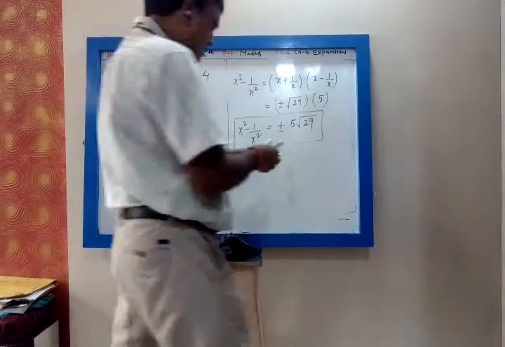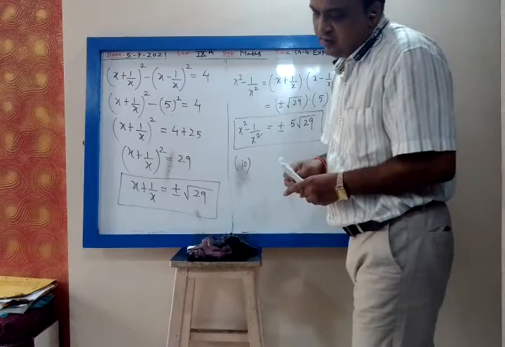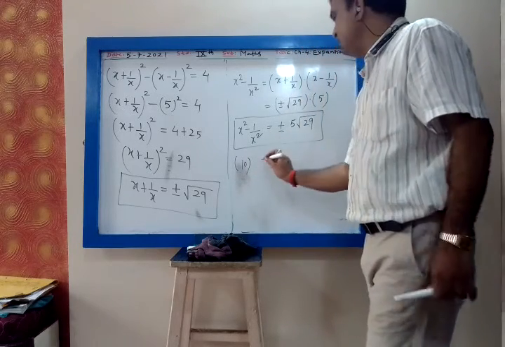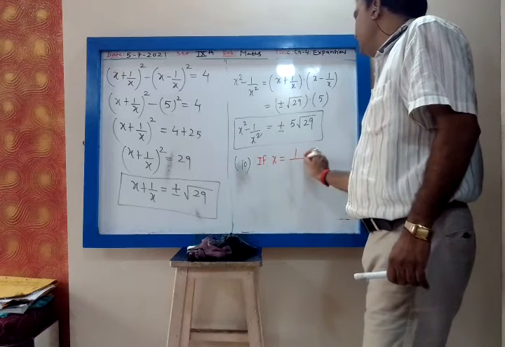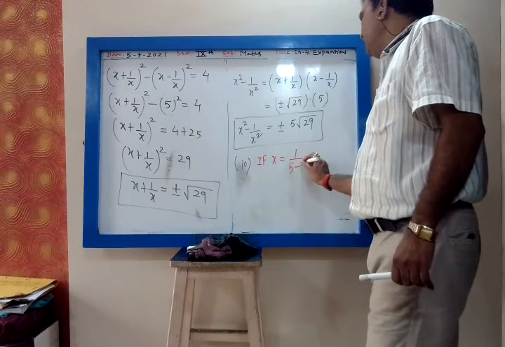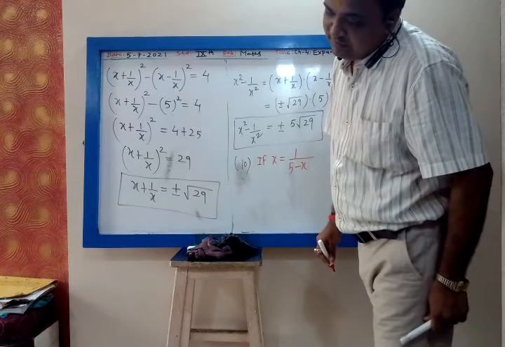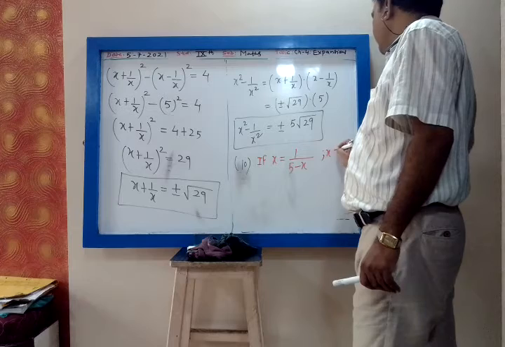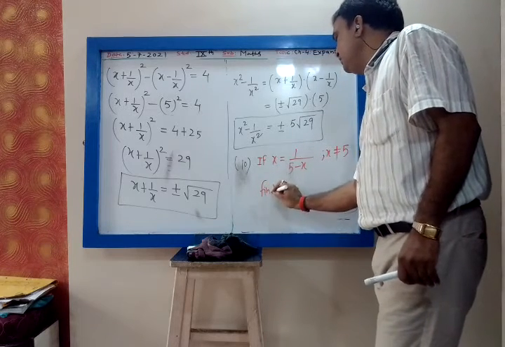Okay. Now the 10th one I will be giving as homework. Same problem. If x is 1 upon 5 minus x, x is not equal to 5, find x square plus 1 upon x square.